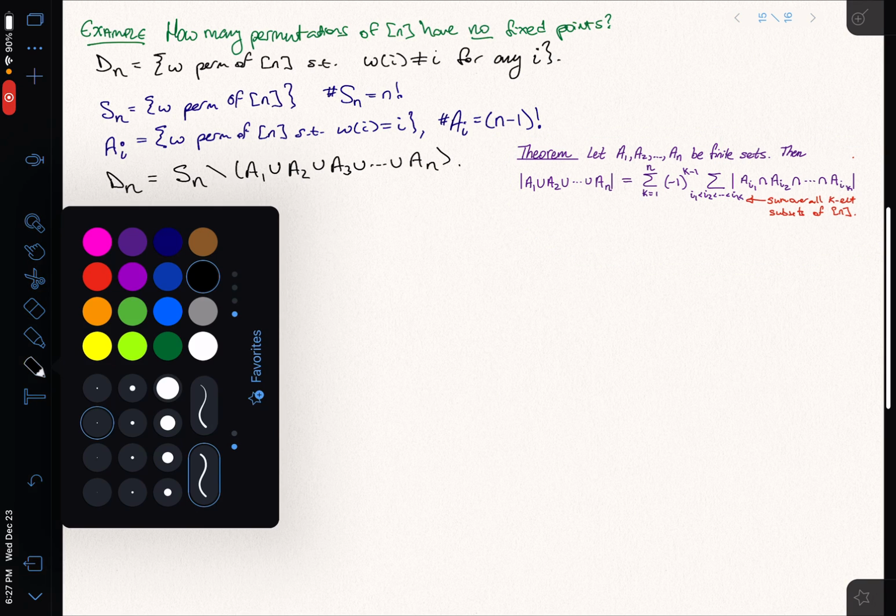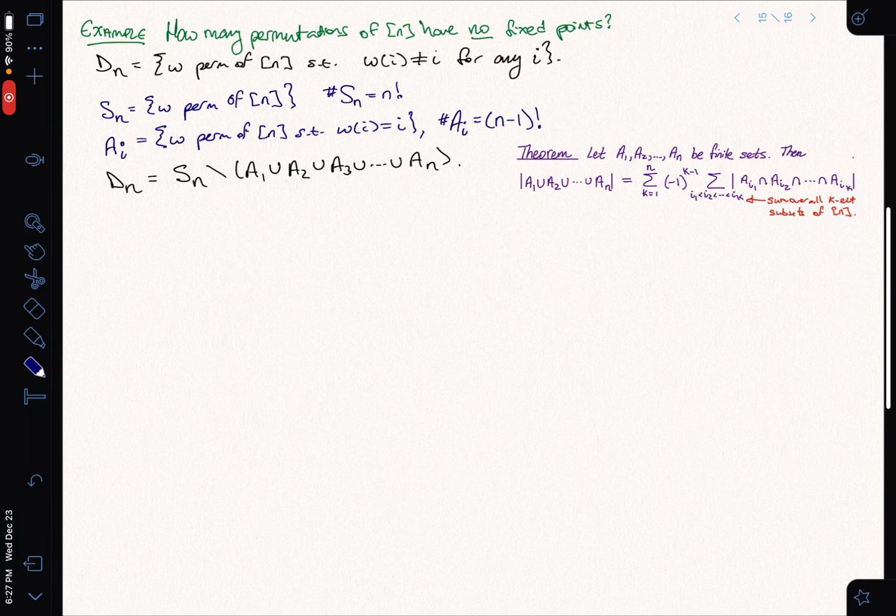Let's go back to our A's and ask ourselves, can we understand the intersections? Are those easier to understand? Well, what happens if we take A_i intersect A_j? We're saying this is going to be the set of w in S_n such that w(i) is equal to i and w(j) is equal to j, and I don't really mind about the rest.